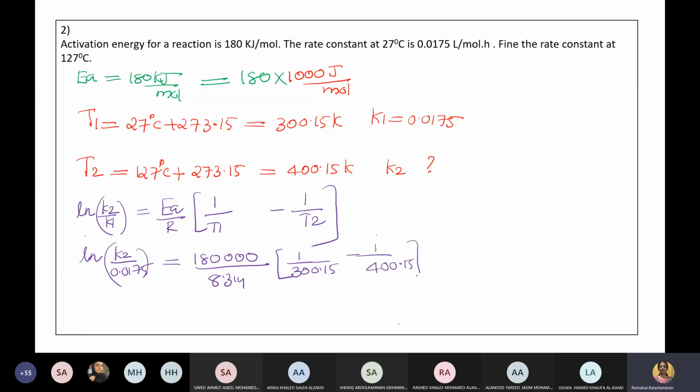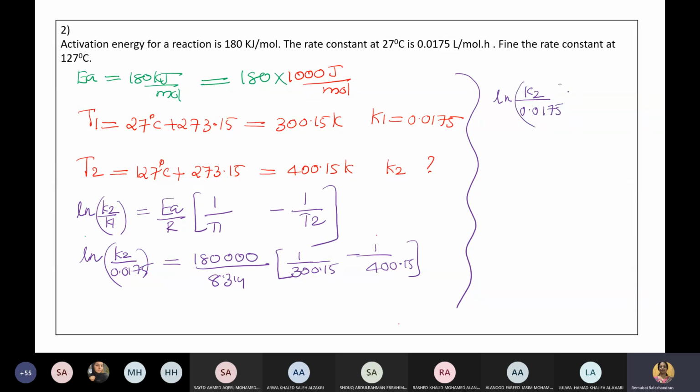What I want you to do is you just tell me the answer for the right hand side. It is 18.026. Okay, so that is ln of k2 over 0.0175.